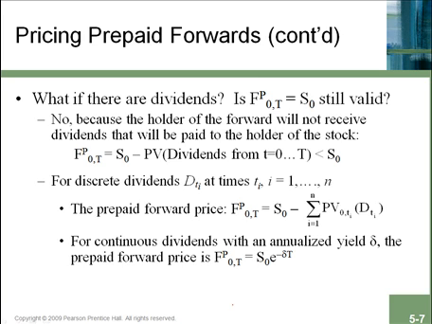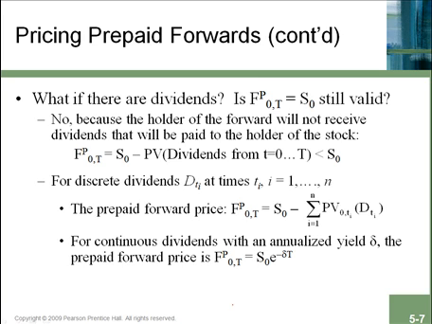Is it still true that the prepaid forward price equals the stock price? And the answer is no, because now the timing of delivery does matter. By waiting until later to actually receive the stock, the person who buys the prepaid forward contract is going to miss out on whatever dividends are paid between time 0 and expiration.